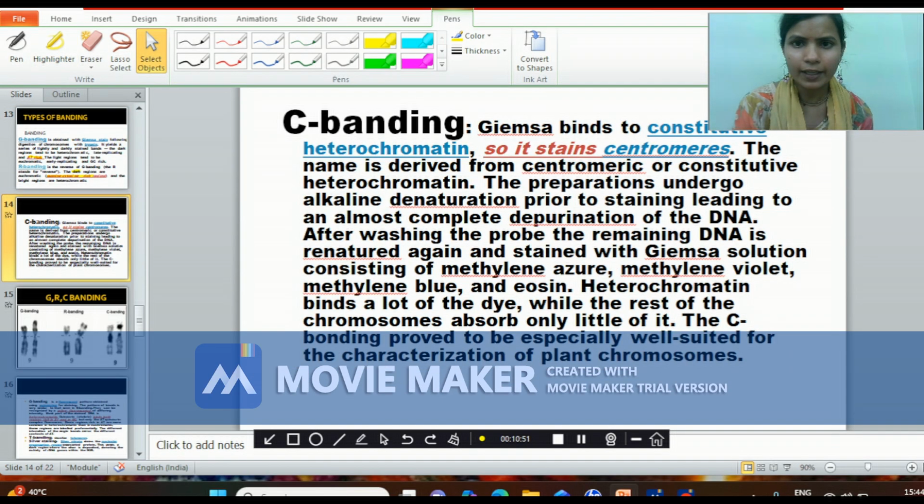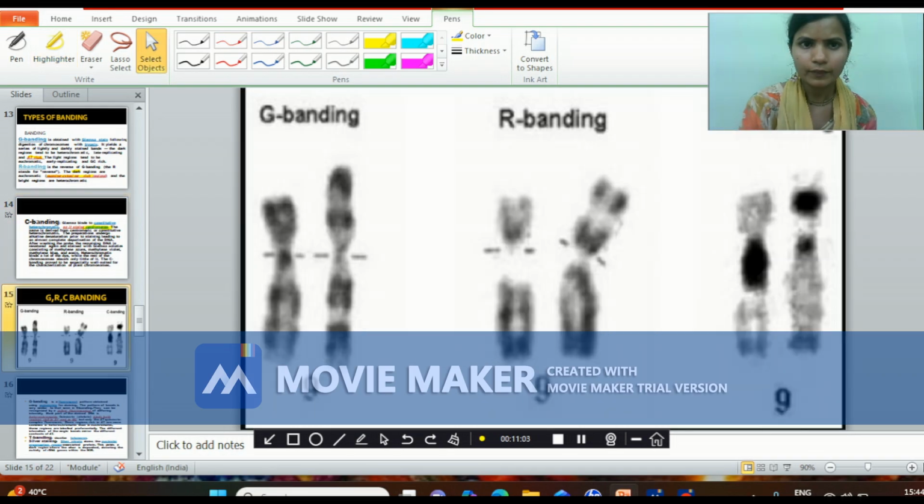C banding is used for the centromere, to color the centromere. You can see here the darkest region is AT in G banding.